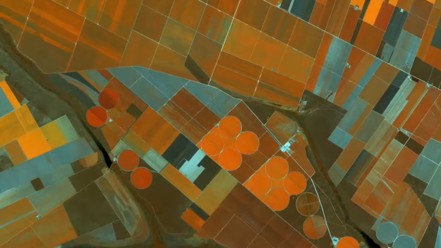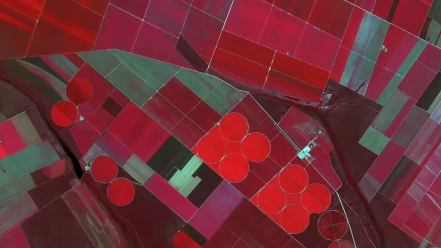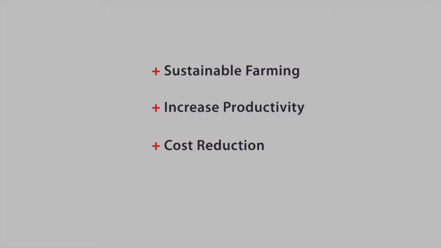With the combination of bands used by the Rapid Eye constellation, especially the unique red edge band, you get the information you need to help growers farm sustainably, increase land productivity, and reduce input costs.